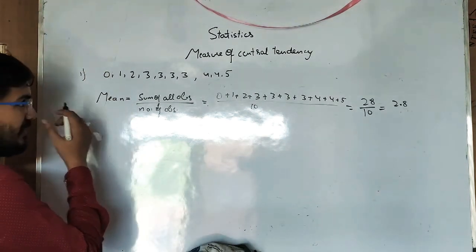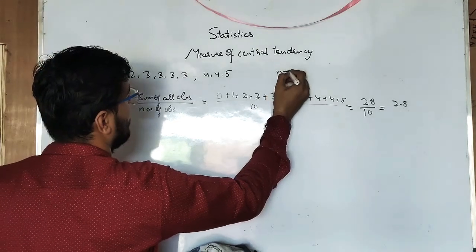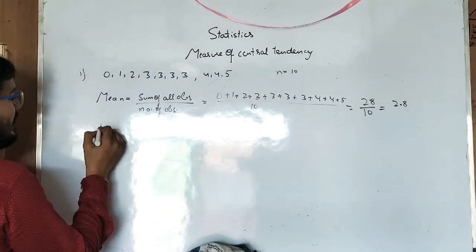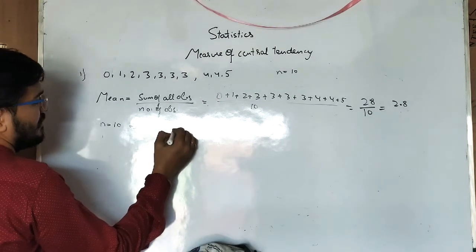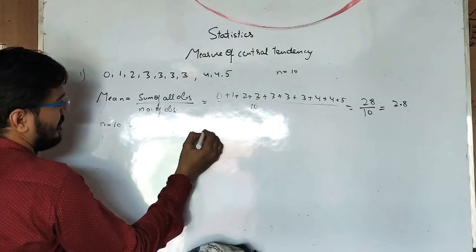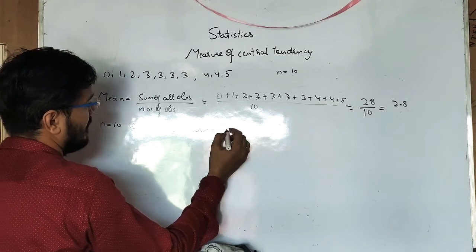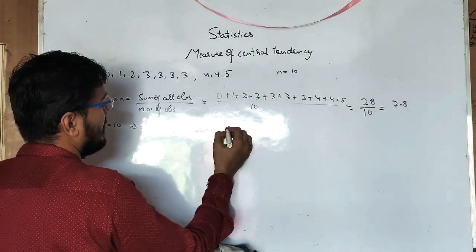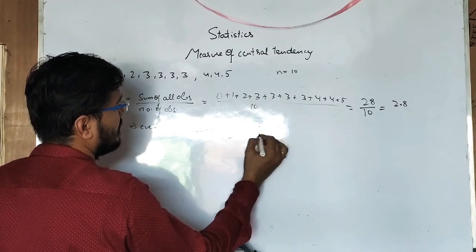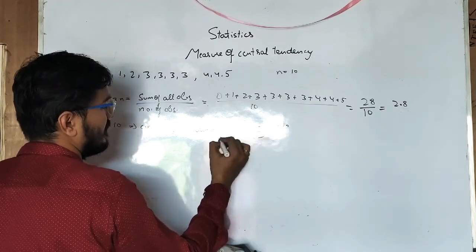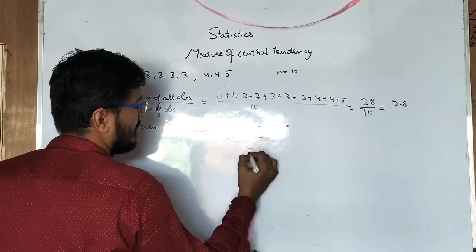Median. Total n is 10, so n is equal to 10, which is even. The formula for median is the n by 2th term plus the n by 2 plus 1th term, divided by 2.